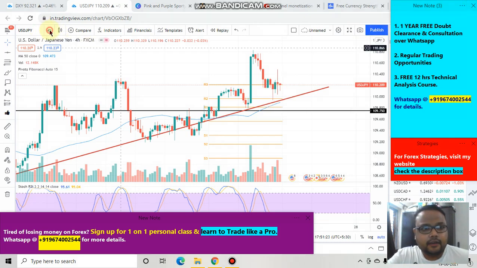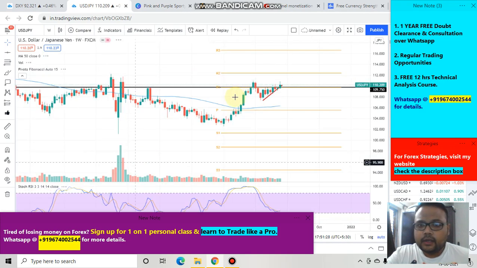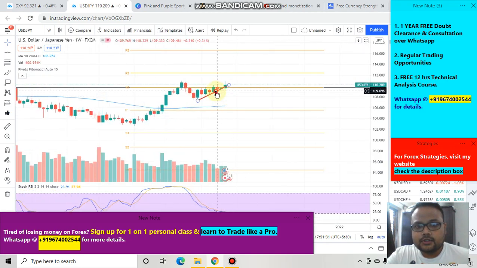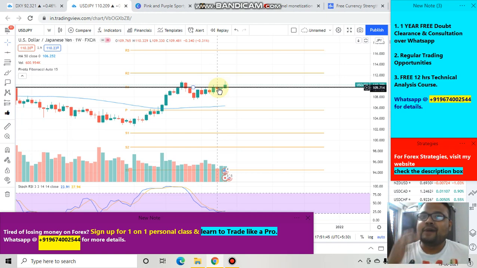And if I take you to the weekly chart, you can see that the weekly chart is also telling us the same story. And the good news is that the market is trading above the resistance level, because we know very well that for the last 2 months the market was struggling to cross the 109.75 level. At last the market has given a closing above the level, and right now it is trading above the level.